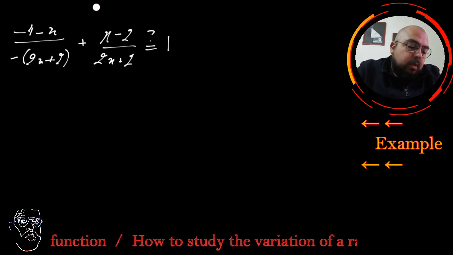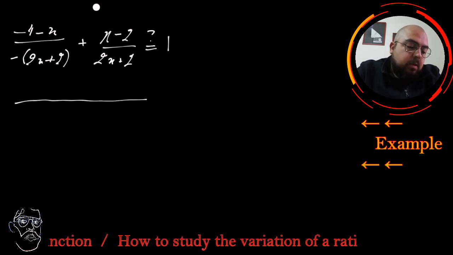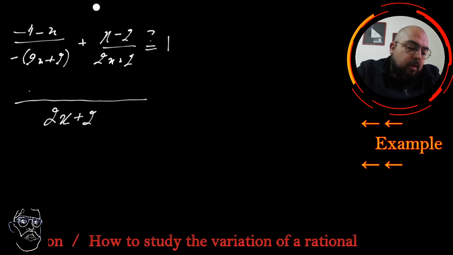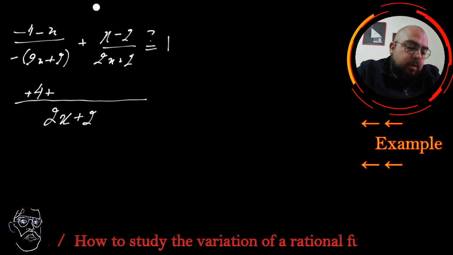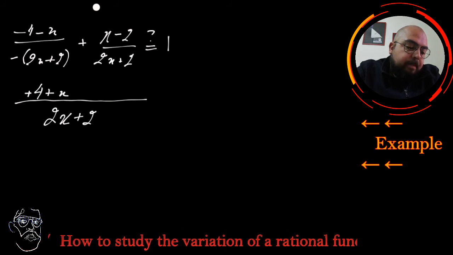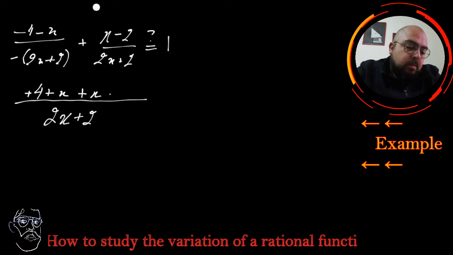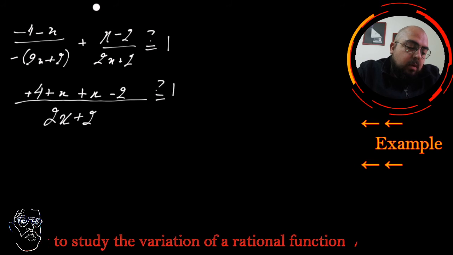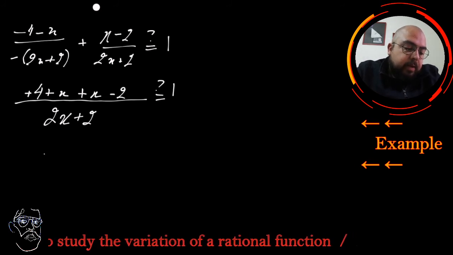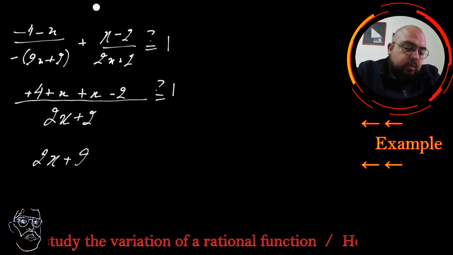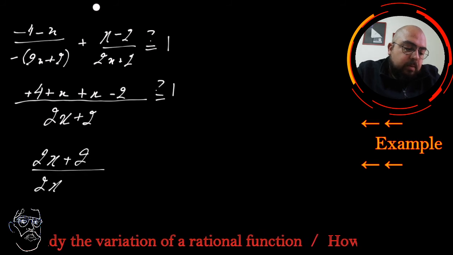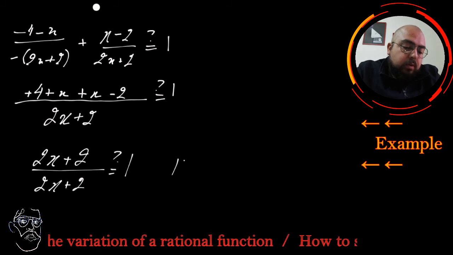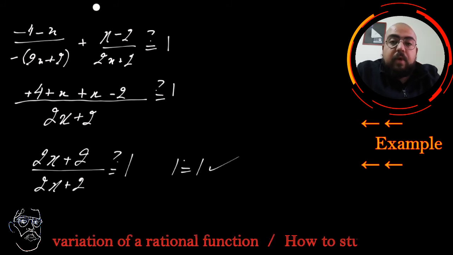So with the common denominator, it will be 2x plus 2 plus 4 plus x plus x minus 2, is it equal to 1? So finally I will have 2x plus 2 over 2x plus 2, is it equal to 1? Yes, 1 is equal to 1, so it will be verified.